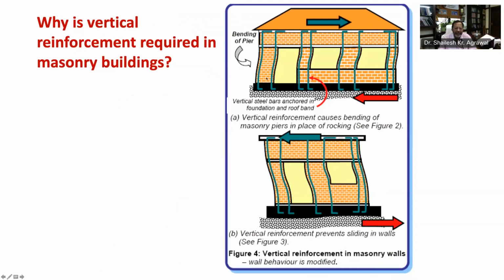In wider wall piers, the vertical bars also enhance their capability to resist horizontal earthquake force and delay diagonal, that is X cracking. Adequate cross-sectional area of these vertical bars also prevents the bar from yielding. Further, the vertical bars also help protect the wall from sliding as well as from collapsing in the weak direction.